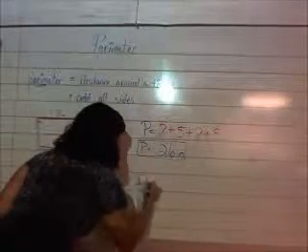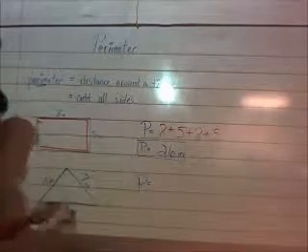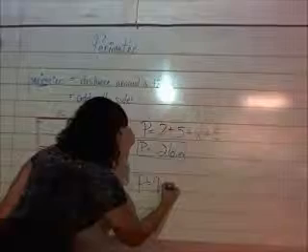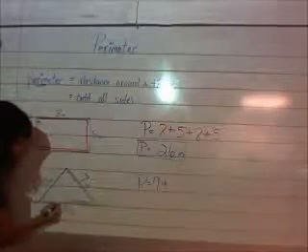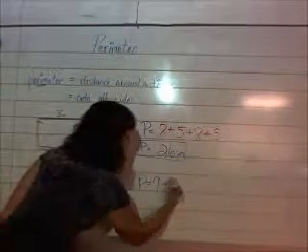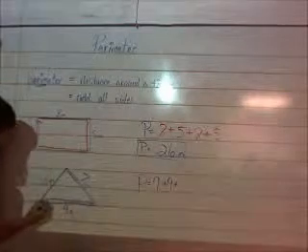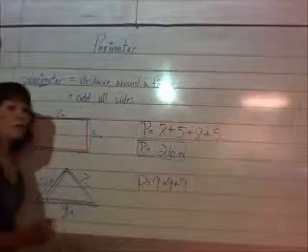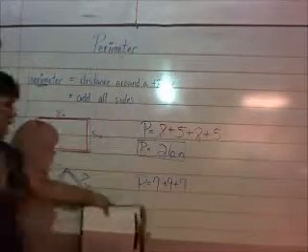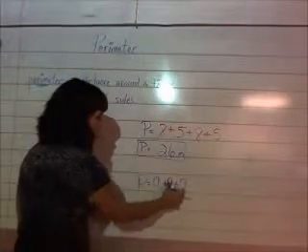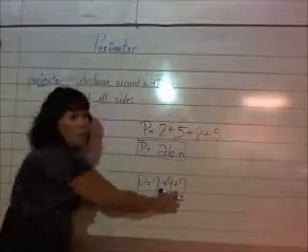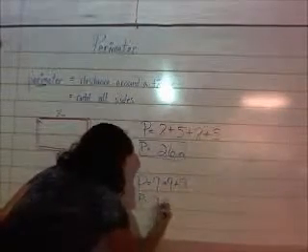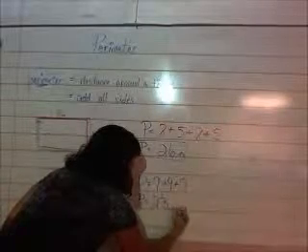So this side is 7 plus this side of 9 plus this side of 7. So we're going to add those up. 7 plus 9 plus 7. So 7 and 7 is 14 plus the 9 is 23. So your perimeter is 23 inches.